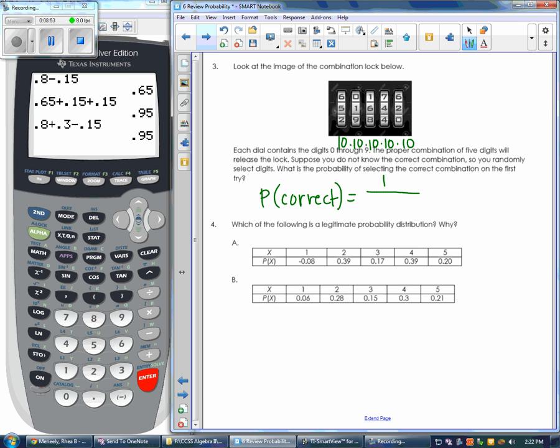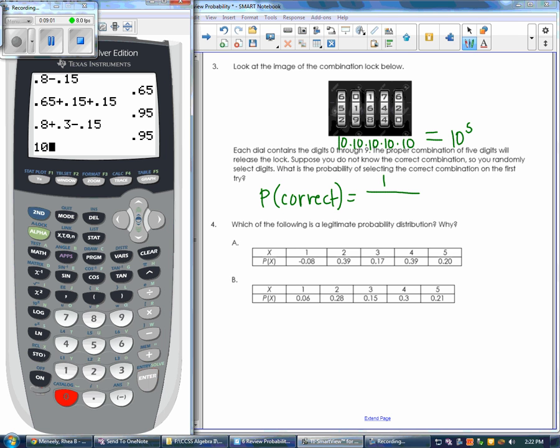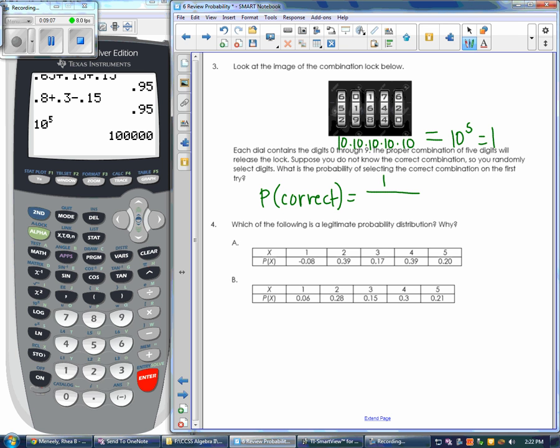If you don't want to multiply 10 by itself 5 times, you can say this is 10 to the 5th power. And 10 to the 5th power is actually just going to be a 1 with 5 zeros. So that's 100,000. And so the probability would be 1 out of 100,000. If you wanted to divide, you could, but you can just leave it as a fraction.